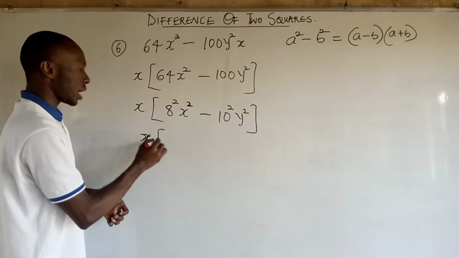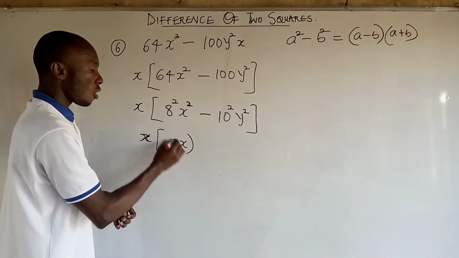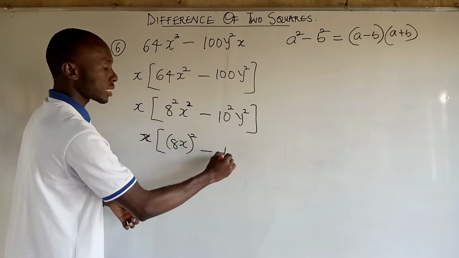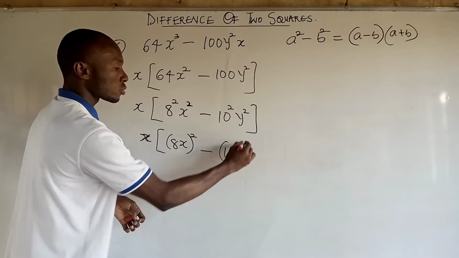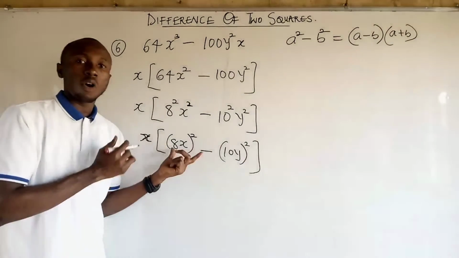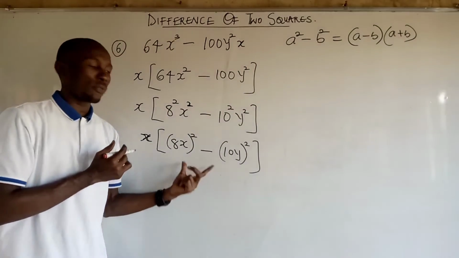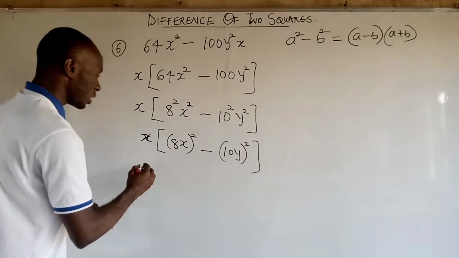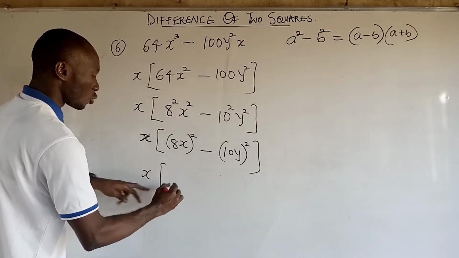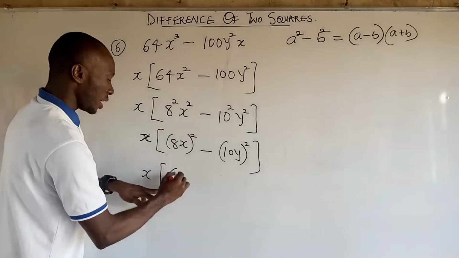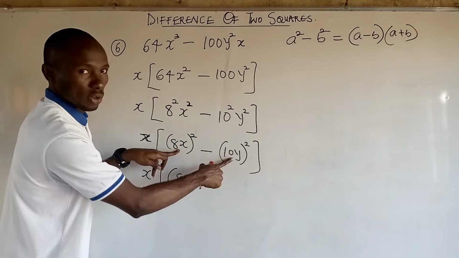So this can be written as 8x all squared minus 10y all squared. Now they are all in square, so we can easily apply the law of the difference of two squares. So this becomes x into 8x minus 10y.